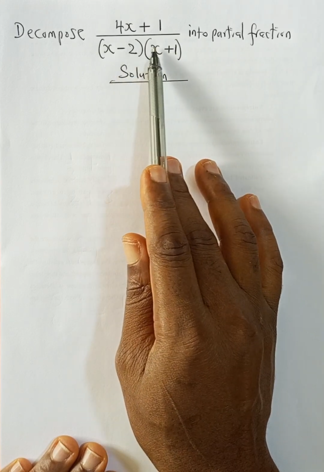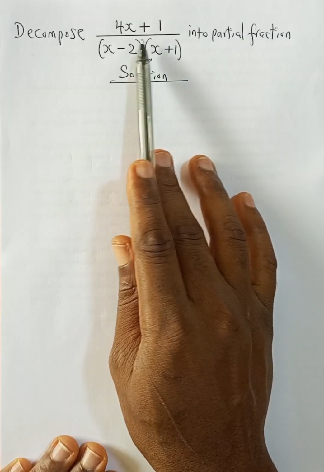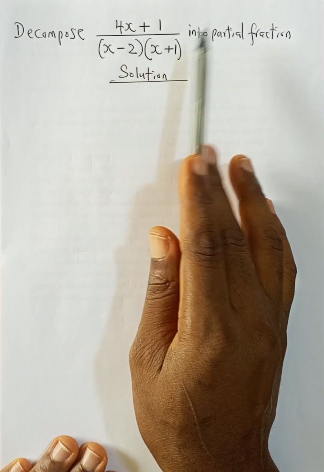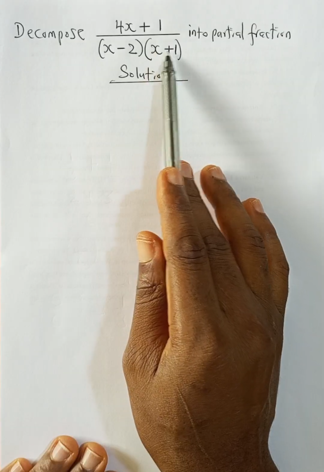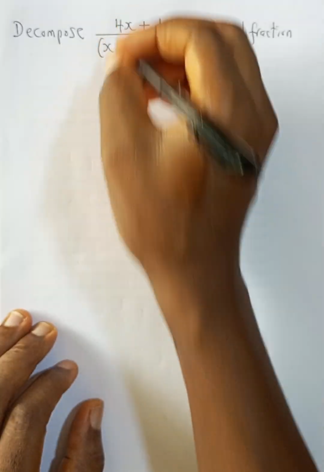So what we are planning to do here now is to split this one into partial fractions so that we have something over s minus 2 plus something over s plus 1. Let me show you. So this is what we want to split.